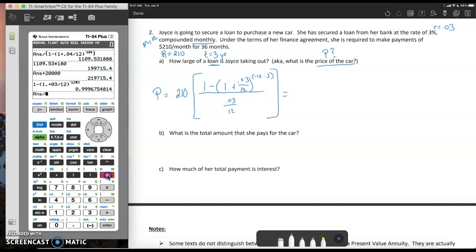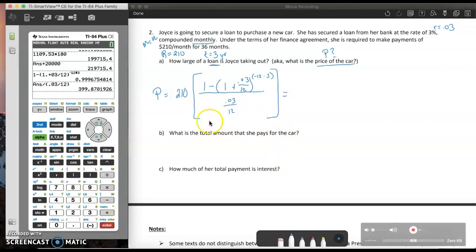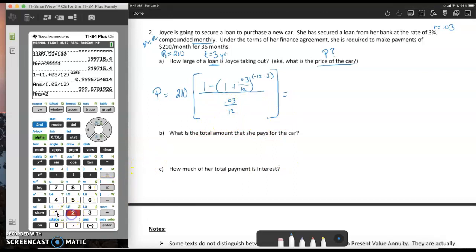Then I'm going to divide that by, in parentheses, 0.03 over 12 and hit enter. Okay, so that's the whole bracket that I figured out now. Now I need to multiply that by 210. Okay, so it looks like the price of this car was, that's a really expensive car, $83,972.74. I would be rethinking that.